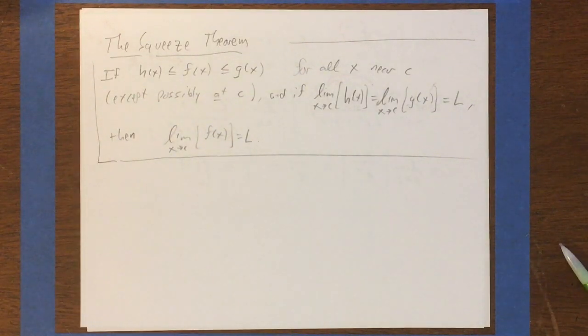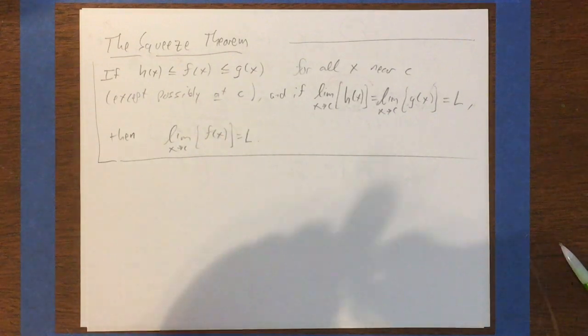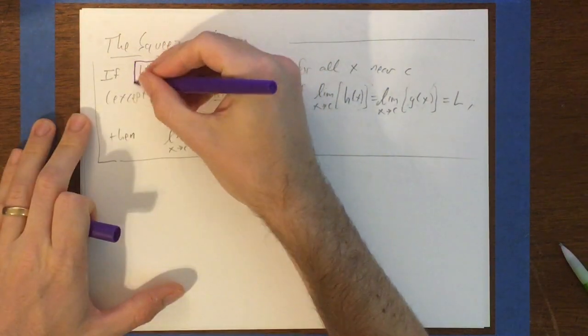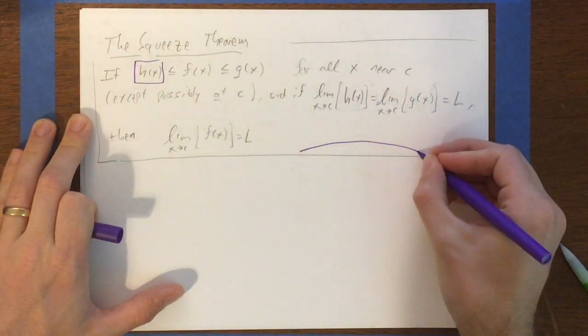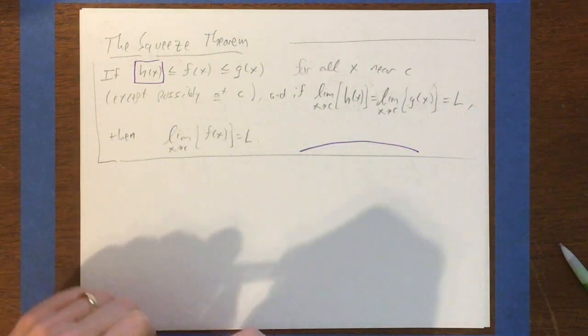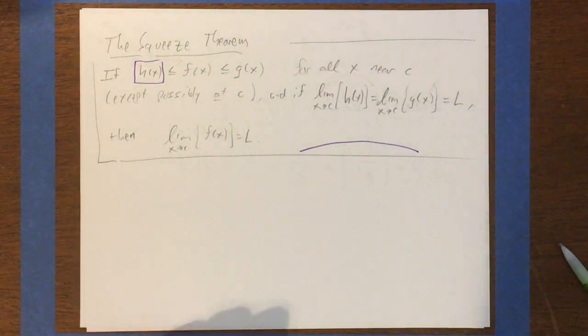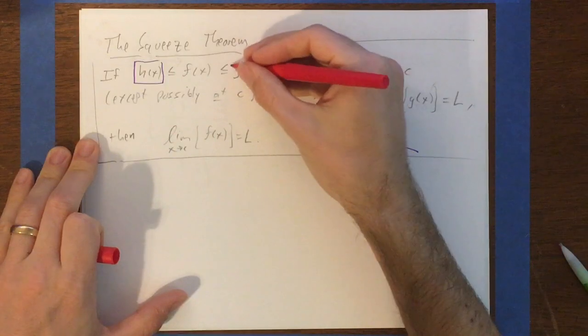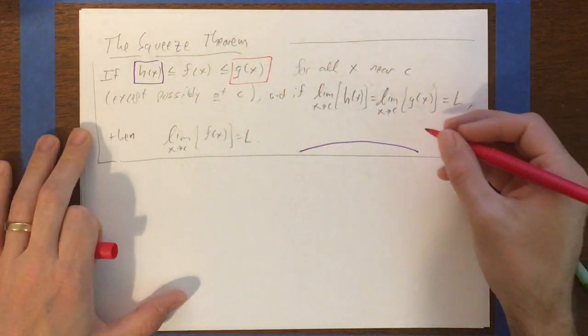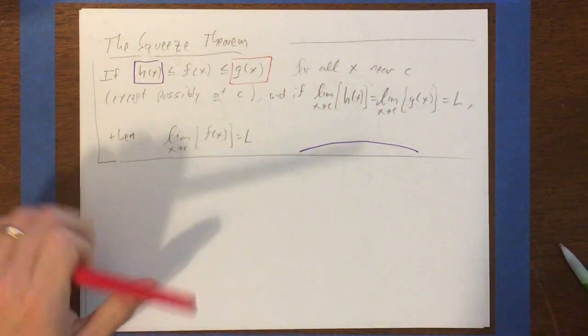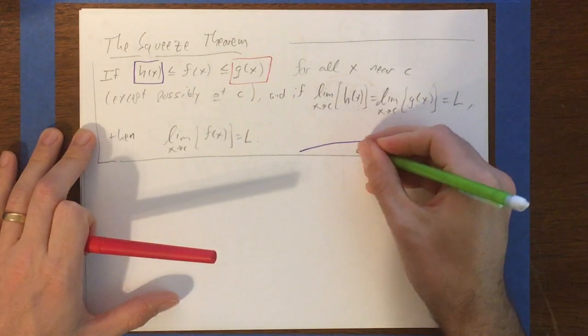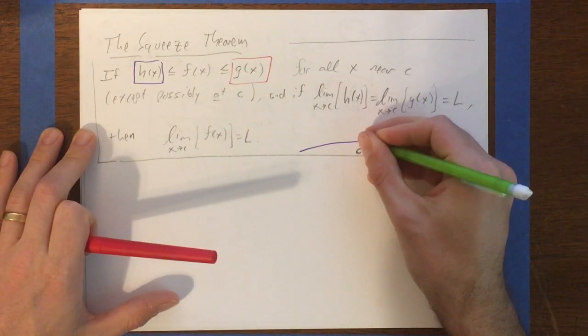So we can draw a picture to sort of describe this. Let's say h of x is going to be purple. That function is sort of on the bottom. And then we have g of x, which let's make red. That function will be on top. And they're going to have the same limit as x approaches c. Let's put c right here.